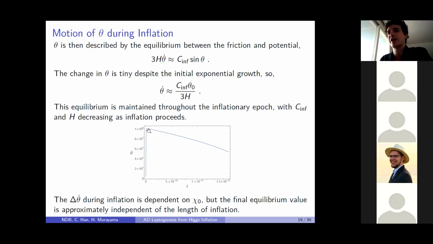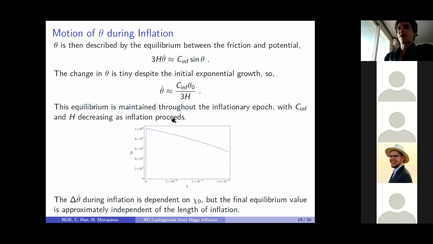Here it varies by a factor of a half, but this is because the equilibrium condition changes in this C inf, because our chi value is changing from the beginning to the end of inflation. So you're going to have some variation, but it's only slight, and this terminal velocity definition gives a very good approximation and a good explanation for what happens during this inflationary epoch.